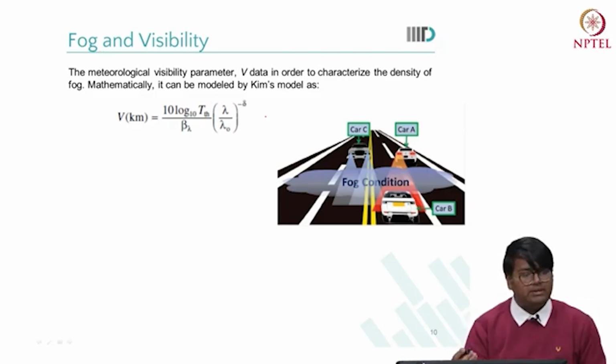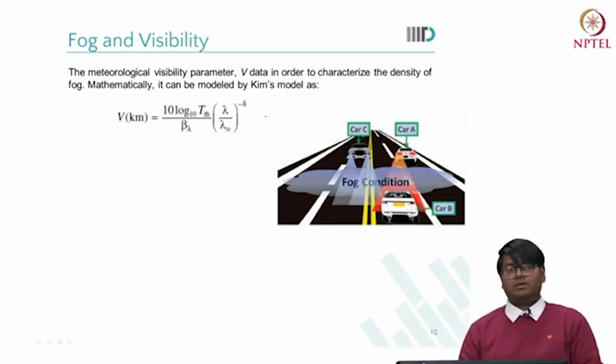This visibility parameter is basically used for defining fog. The very fundamental law to measure the fog density indirectly depends on the visibility parameter.